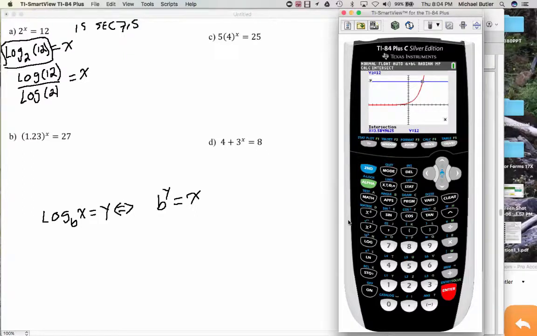Yep. Okay. Now algebraically, we just saw that the answer is logarithm base 10 of 12 divided by logarithm base 10 of 2. So let's check that. We go logarithm of 12 divided by logarithm of 2.